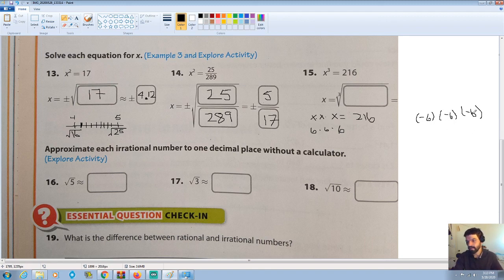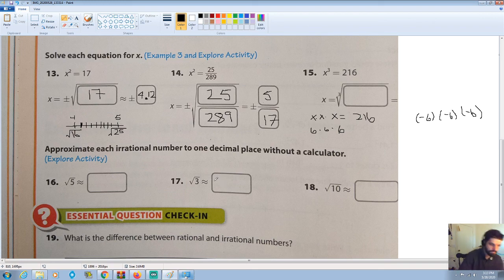But if you multiply it by -6 again, your answer is going to be negative 216. So there's no possible negative number you can cube to reach a positive result. So that's why we don't have the plus or minus here, because all of the values that are going to be cubed to equal a positive perfect cube have to be positive.